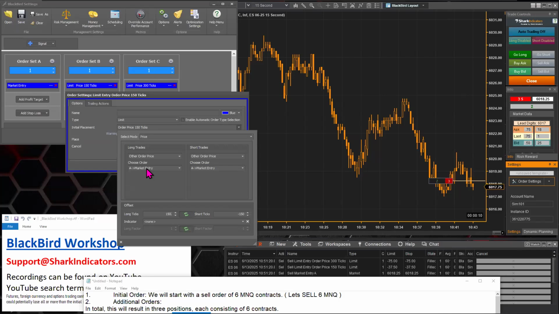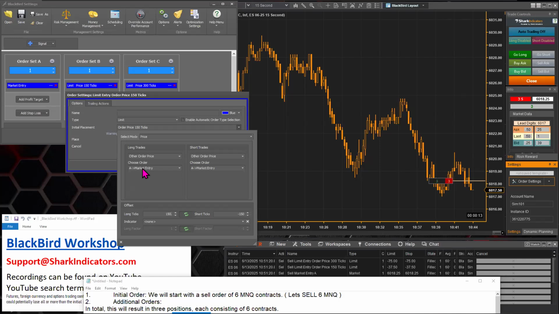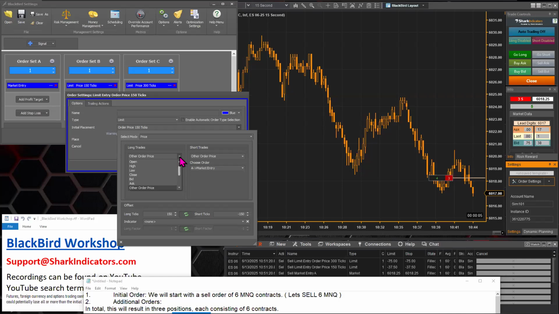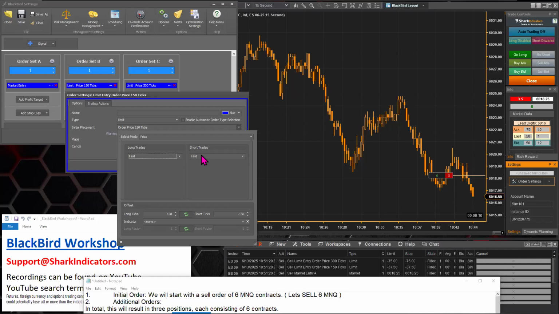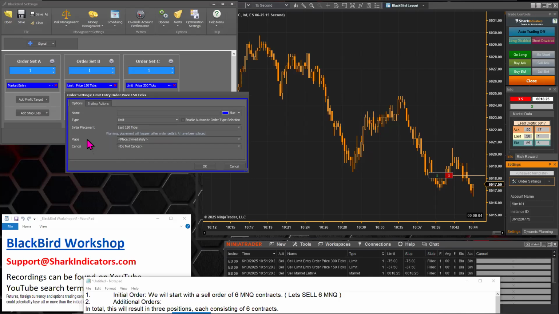So I was speculating that a market order doesn't actually have an order price retained within it. Well, all right. So this is going to be less precise, but I can use the last price.